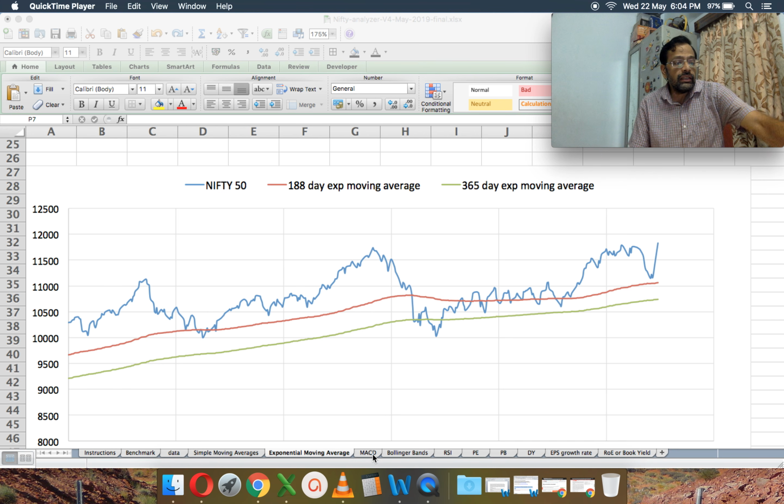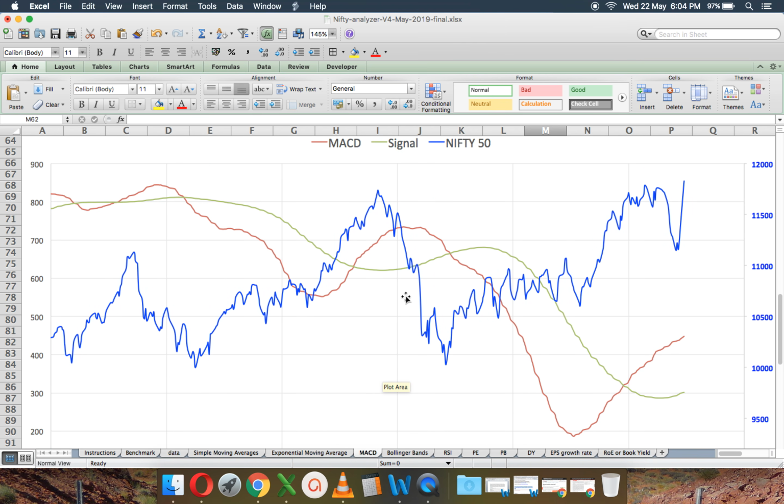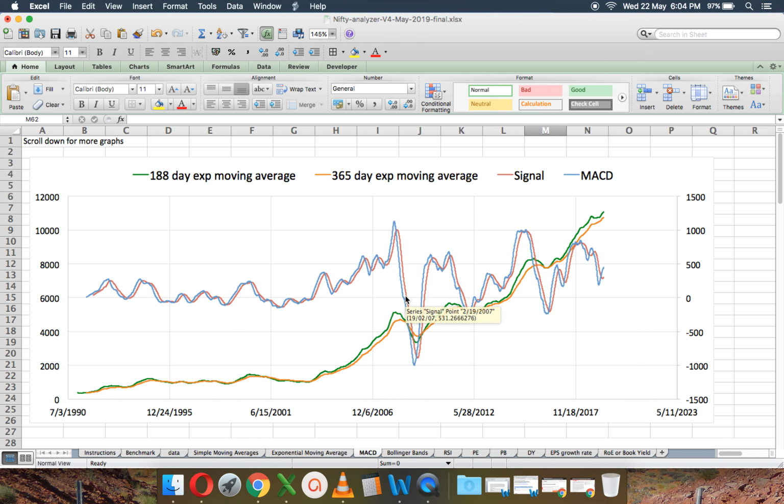So the another indicator is the MACD, or the moving average convergence and divergence. What they do in the moving average convergence divergence is, first of all, it's a more potentially sensitive method. They take the difference between the 188-day moving average and a 365-day moving average.